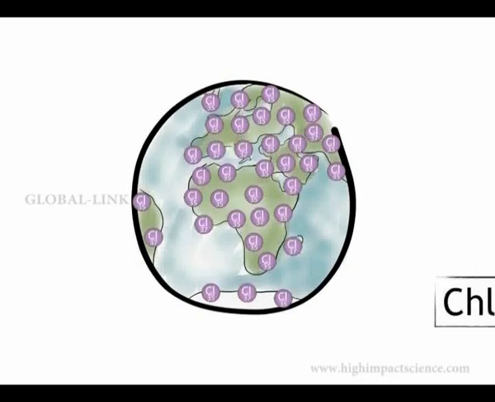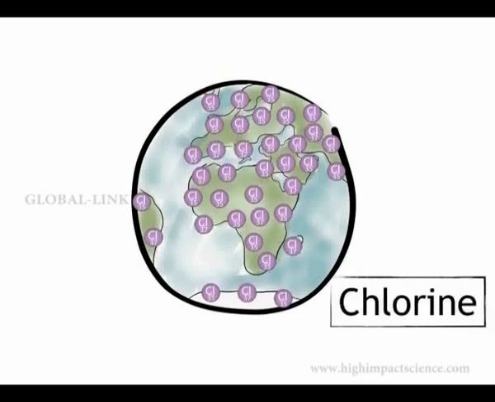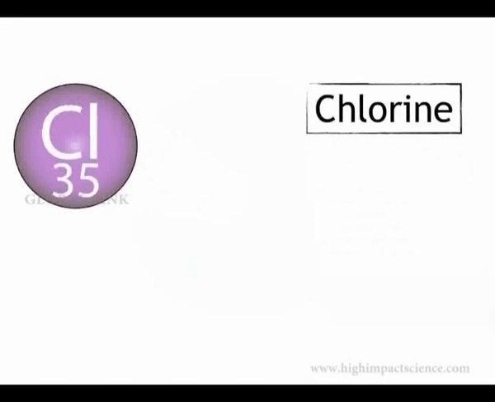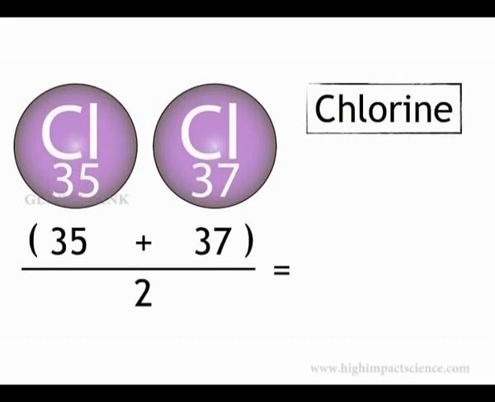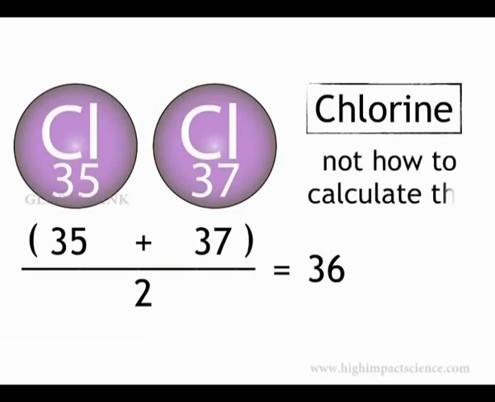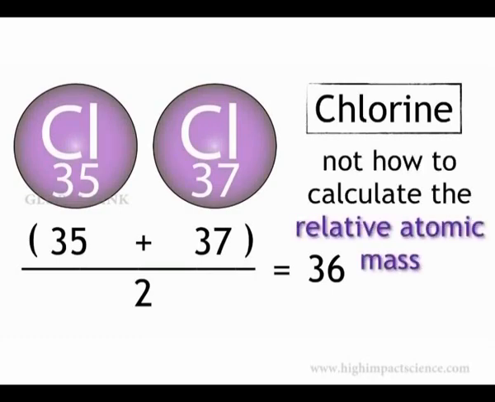For example, let's look at the isotopic forms of chlorine. Some chlorine atoms have mass 35 and some of them have mass 37. In simple cases, you will take both values, add them together and find the average. In this case, it would be 35 plus 37 divided by 2 and you get an average of 36. But this is not how you calculate the relative atomic mass.